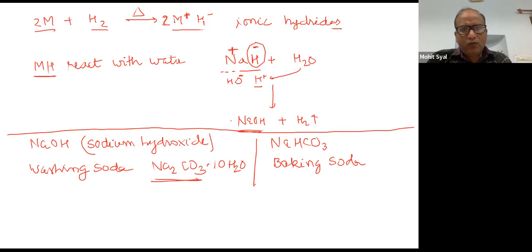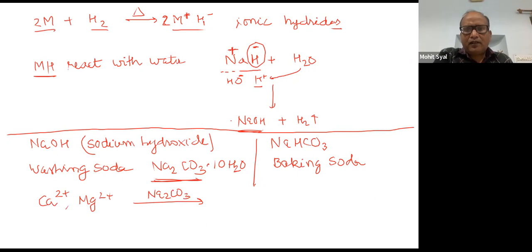And why do we use it in washing? If you add washing soda, it will remove the hardness of water. Hardness is due to calcium or magnesium salts. So calcium and magnesium salts will be there, and when you put this sodium carbonate, which is washing soda, the hardness is removed.